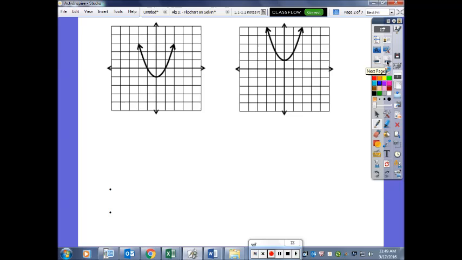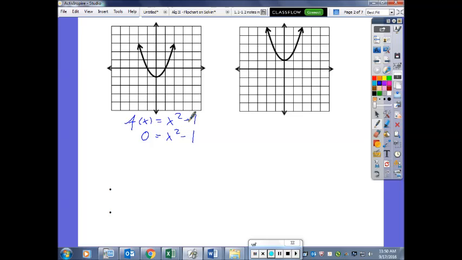If we go back and think about how we find the roots or solutions of quadratic equations, let's look at these two examples. The left example has the equation f of x is equal to x squared minus 1. If we want to find the solutions or zeros, we have to take the left side and set it equal to 0.